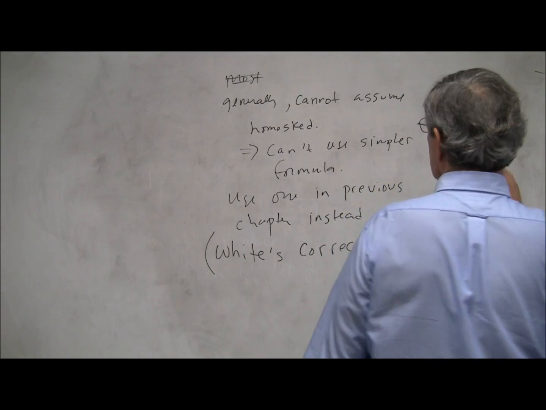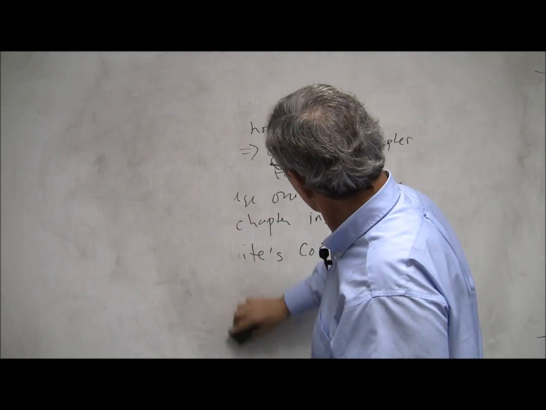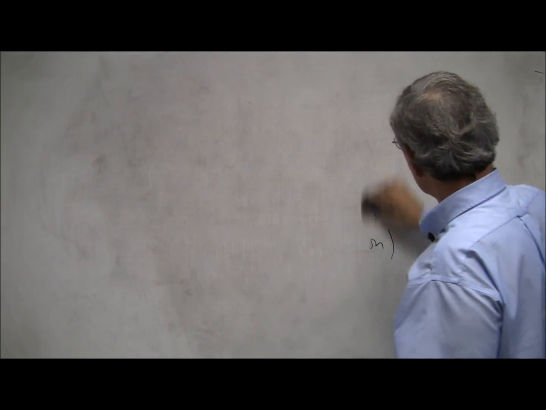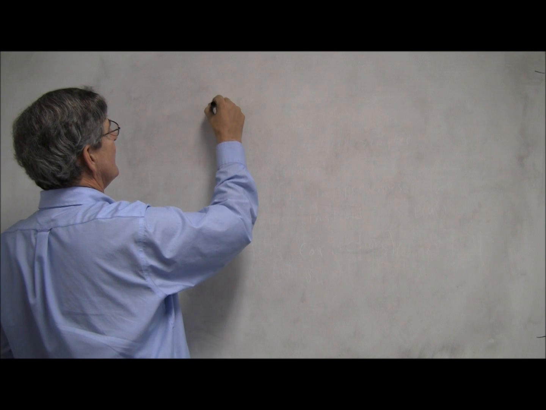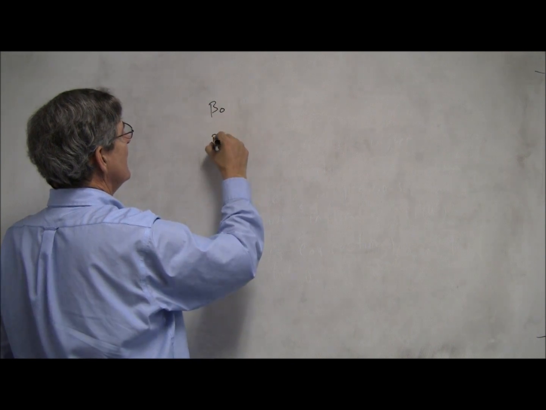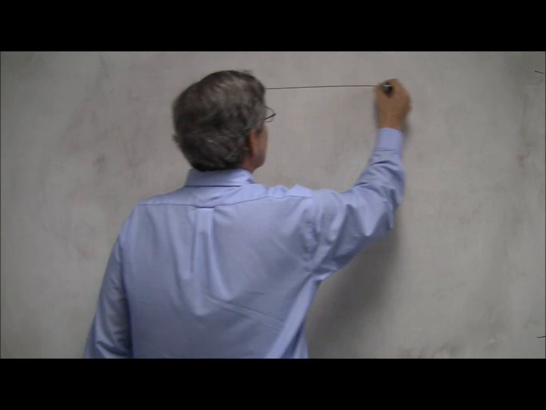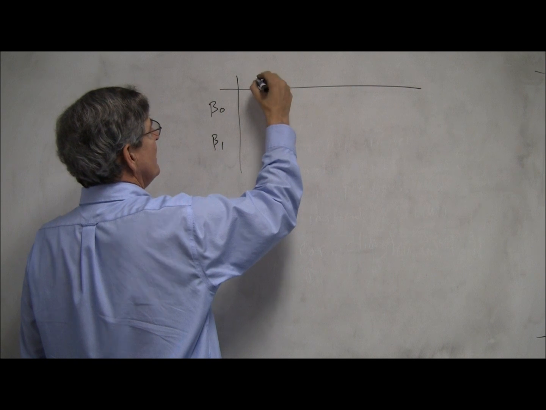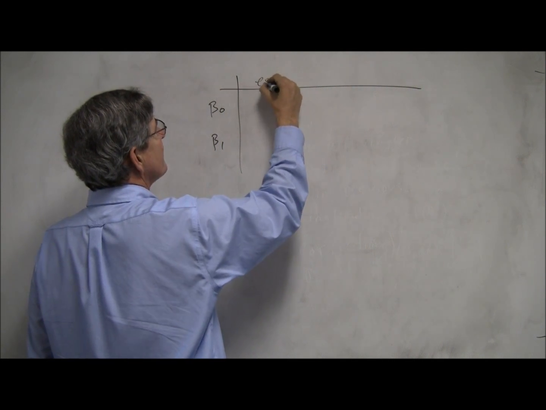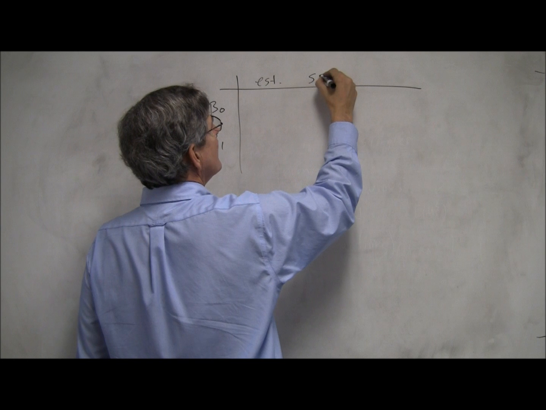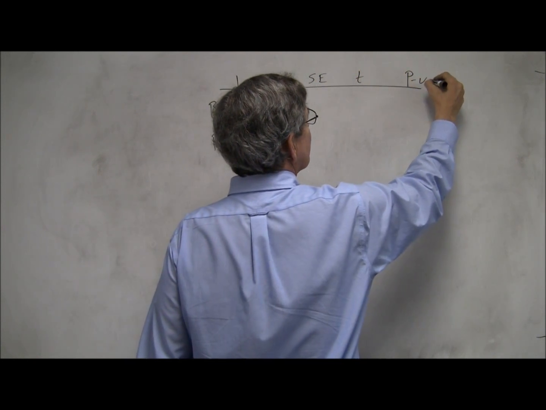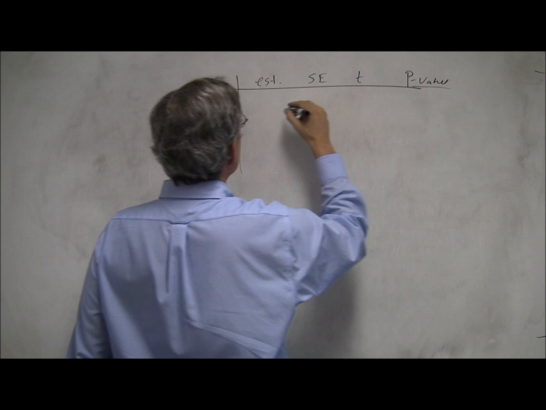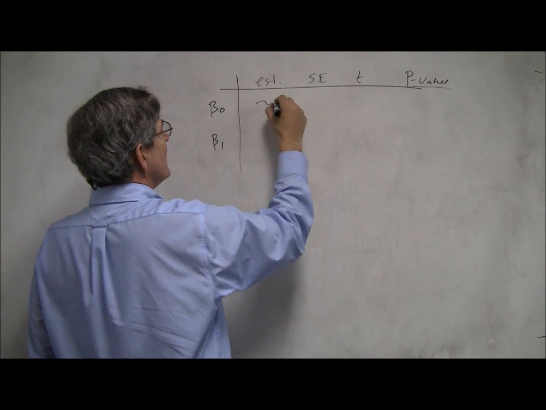And most of the computer packages, for historical reasons, still assume you have homoscedasticity. Remember I was saying they'll give you the coefficients, beta naught, beta 1. Most of the time, the computer package will give you the estimate, the standard error, the t-stat and p-value. This estimate is whatever it is.